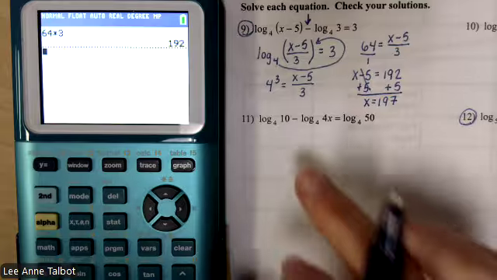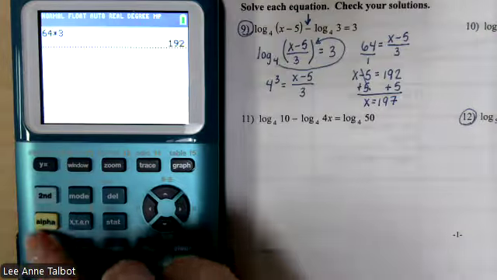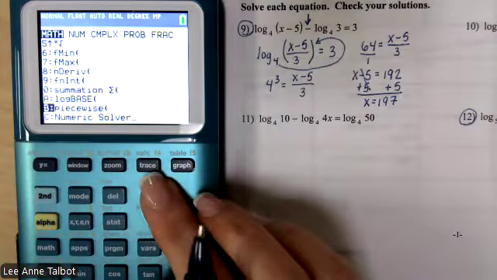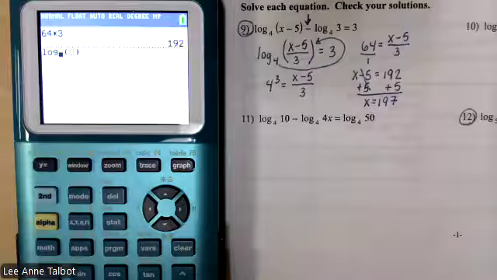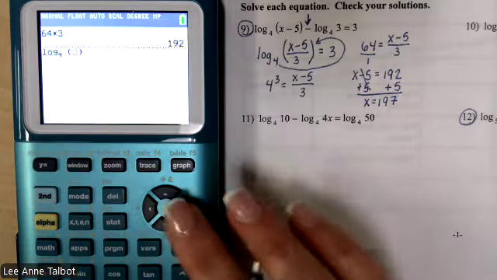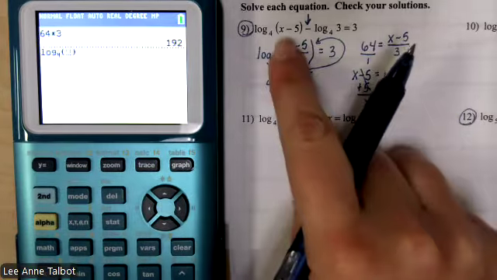Okay, so we type in, so go math, log base 4, and then plug in the 197 right there.